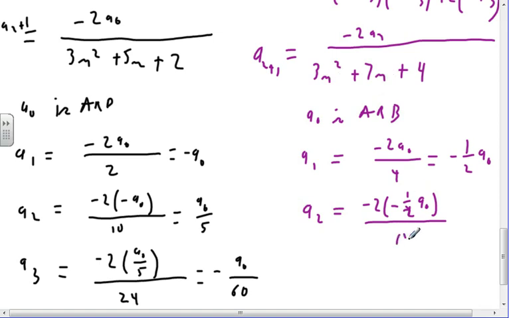Okay, so that would just be a0 divided by 14. a3 is minus 2 a0 divided by 14.